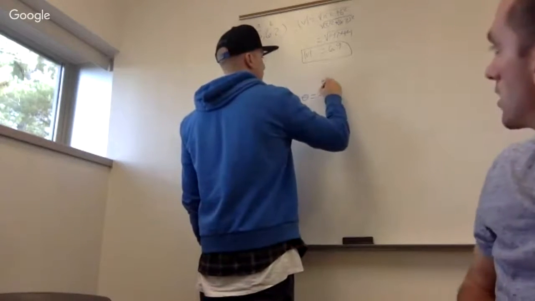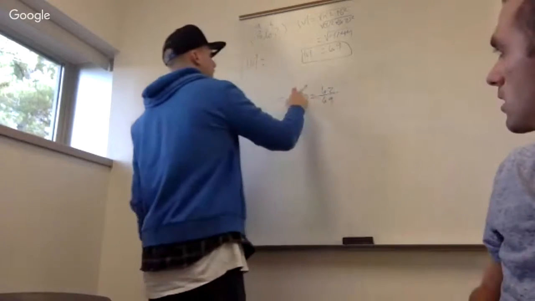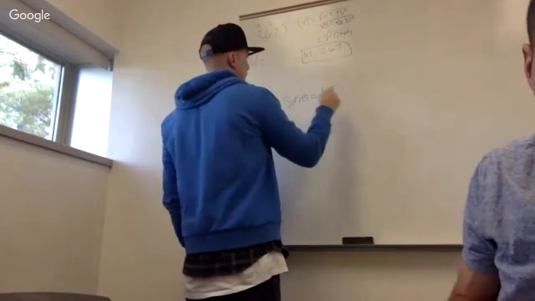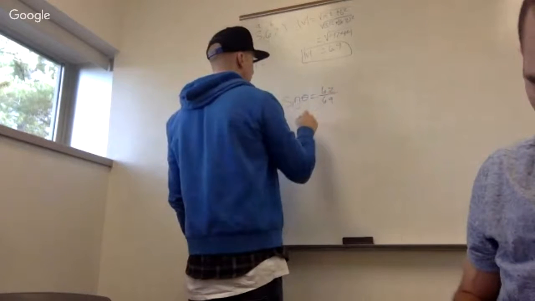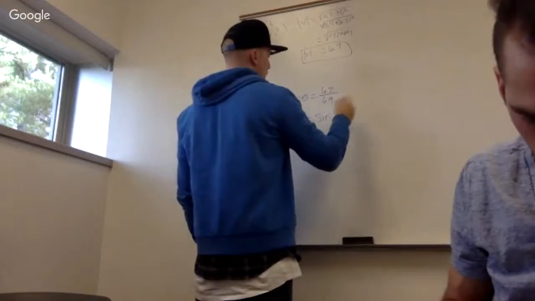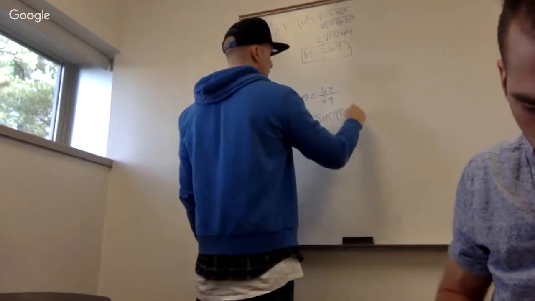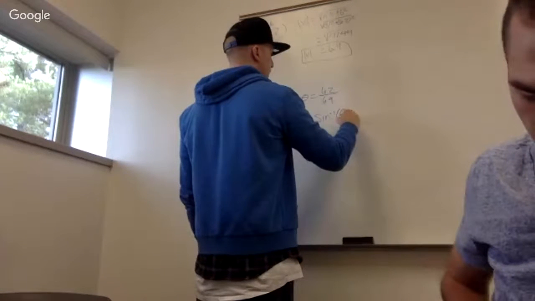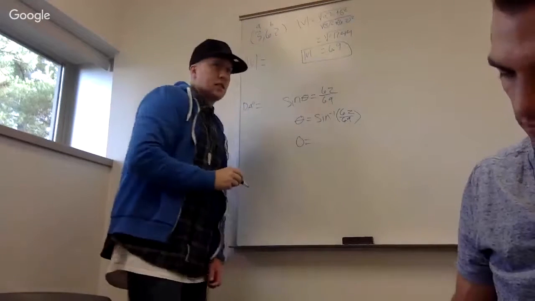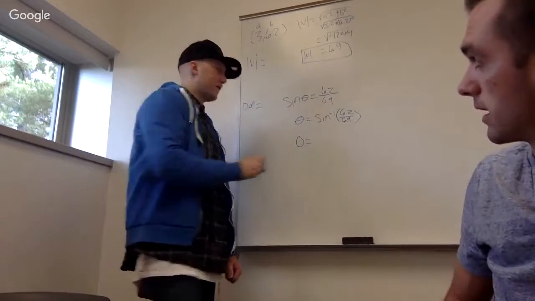Yep. So we have to take that off the other side, so we end up getting theta equals inverse sine of 6.2 over 6.9. What does that give? 64.179.